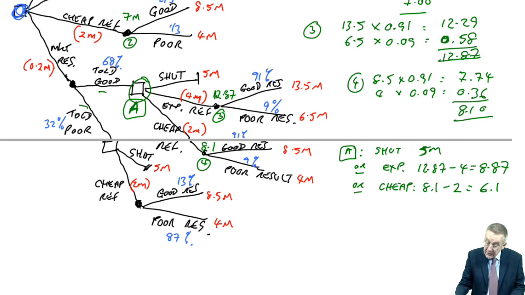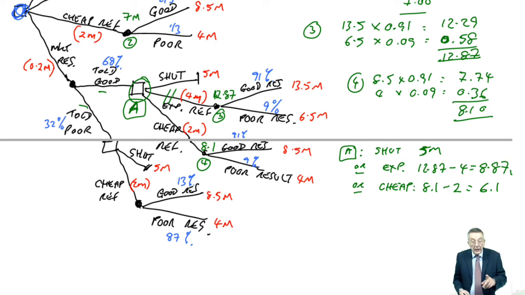Well, obviously, we'll choose the highest. We'll choose to do expensive research. I'll mark it with a hatch line so I don't forget. And therefore, we know that the benefit of market research, if they tell us it's good, we know we'll end up with 8.87 million.